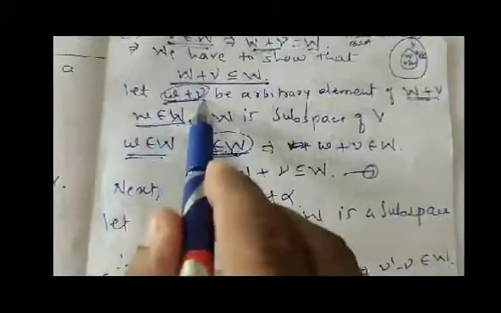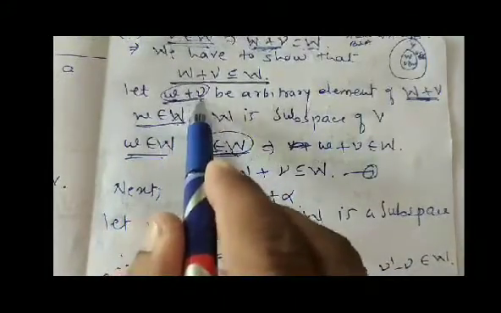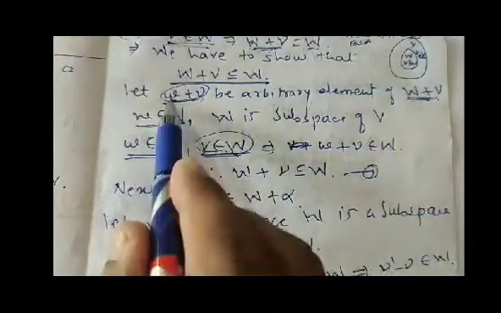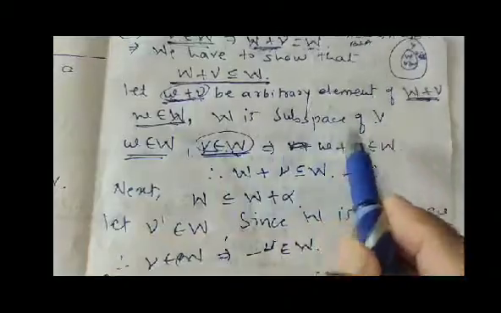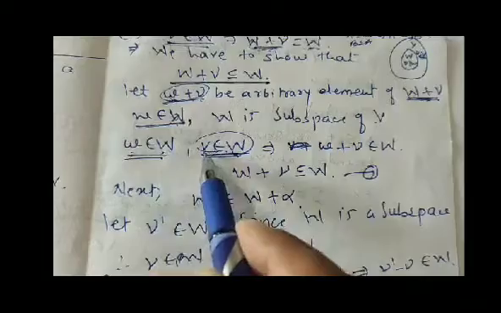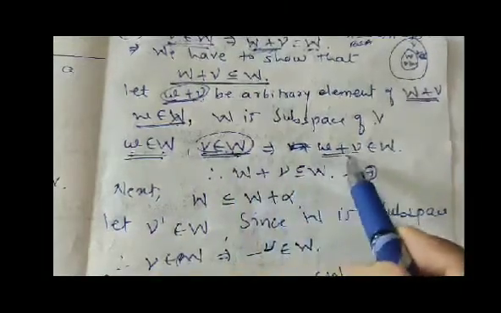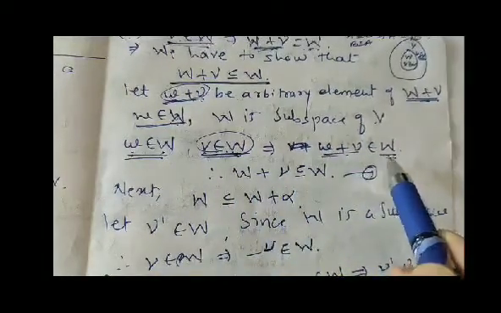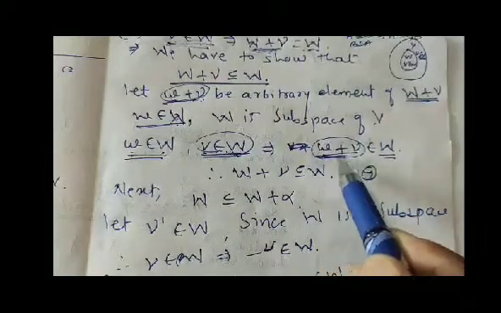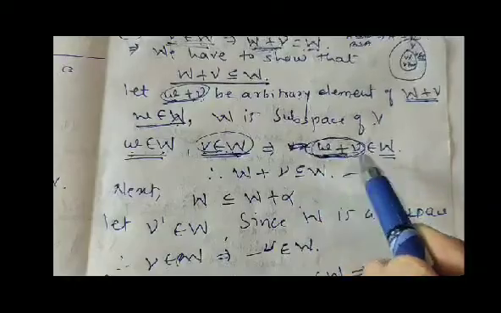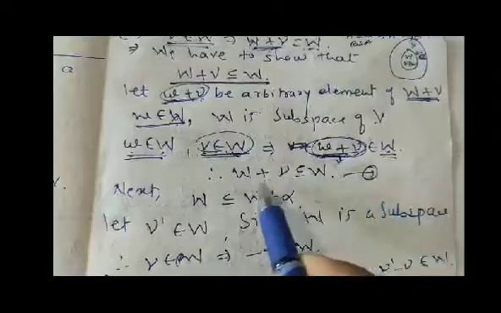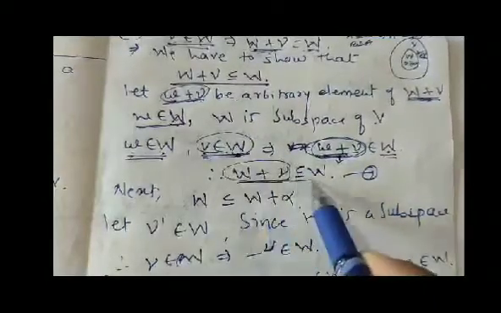And if we choose an arbitrary element, nu plus omega, of this W plus nu, then omega belongs to capital W, which is a subspace of V, and nu belongs to W. The sum of them belongs to W. That means all elements of this type belong to W, and these elements are elements of this set. So this is a subset of this.